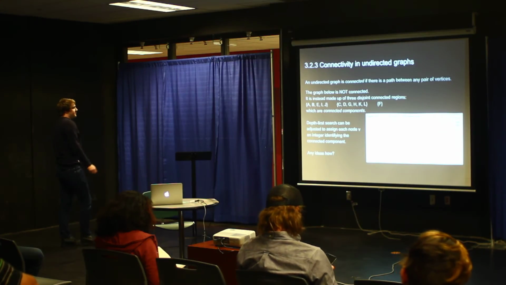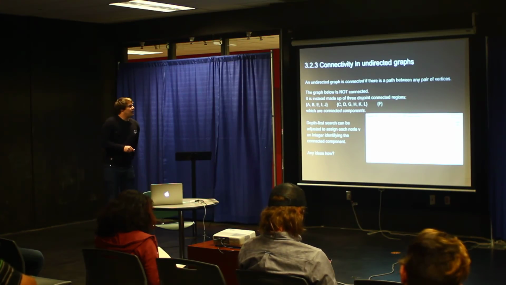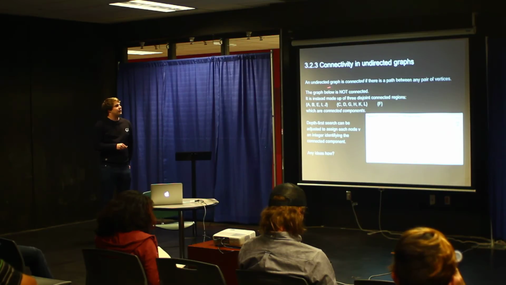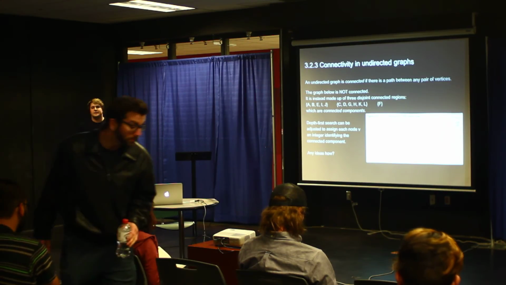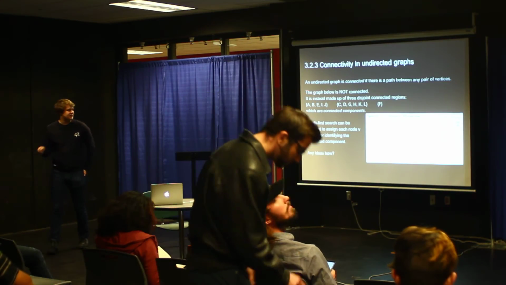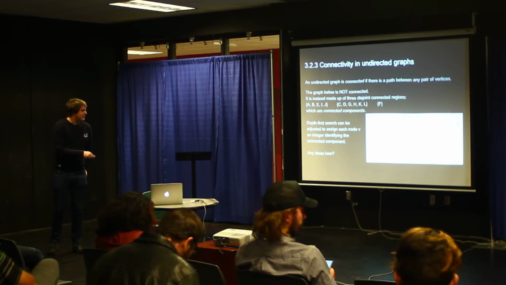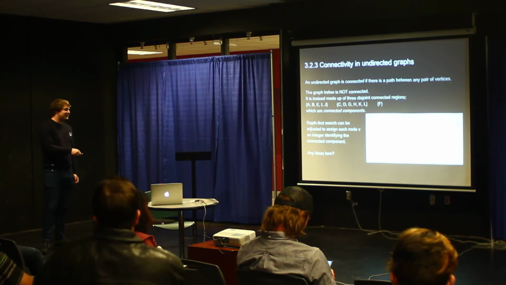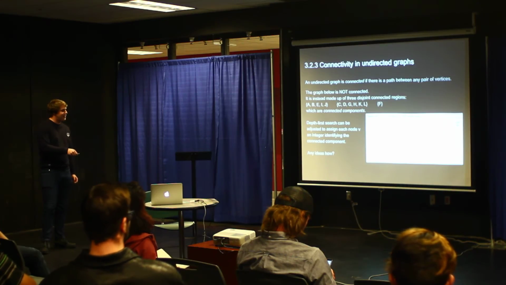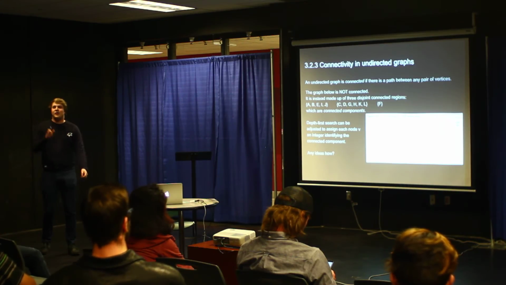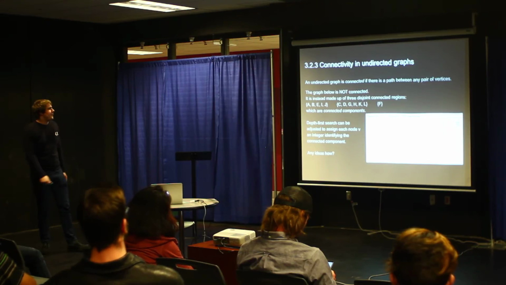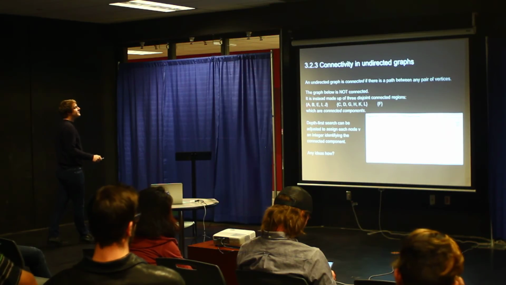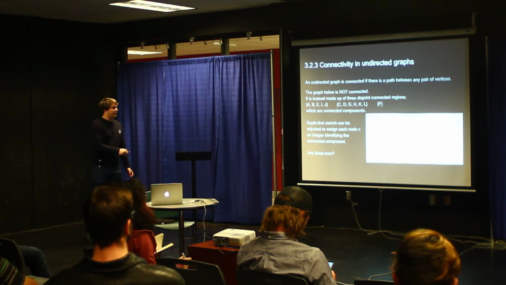So, connectivity. We say that an undirected graph is connected if there is a path between any pair of vertices. So this clearly is not connected. If you're at A, you can't get to F, or G, or L, or whatever, just by following the edges of the graph. But it is made up of 3 disjoint connected regions.